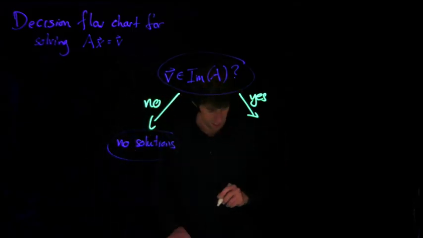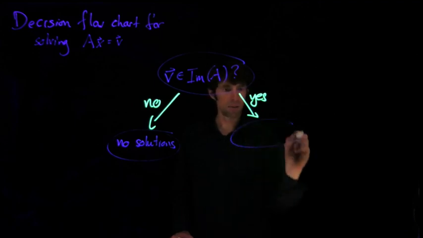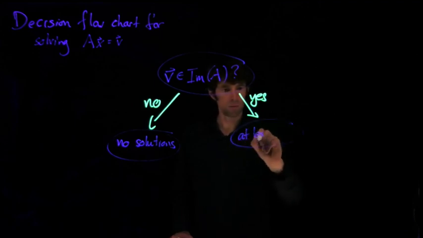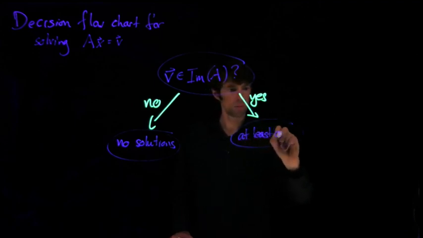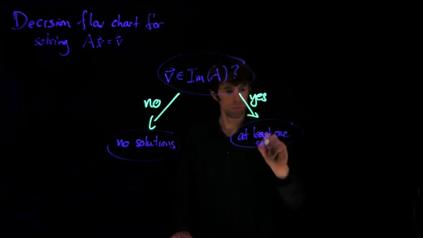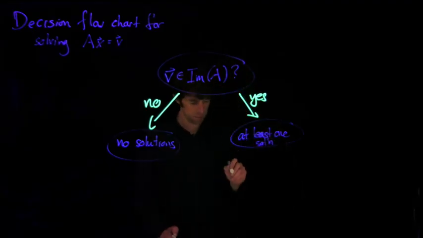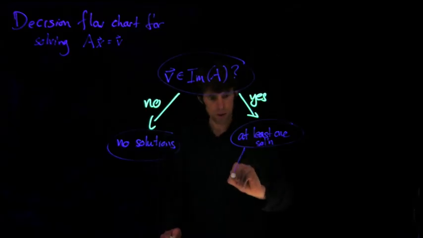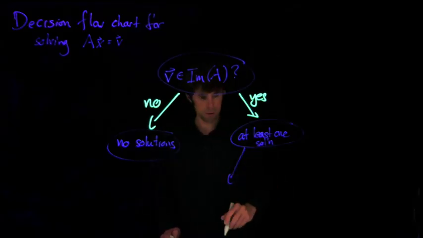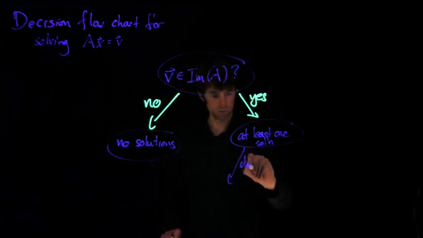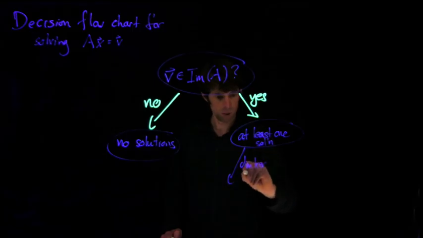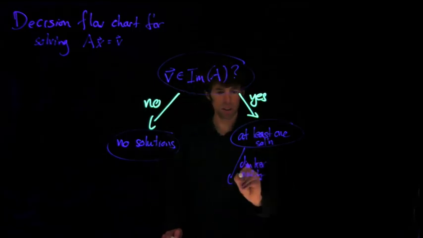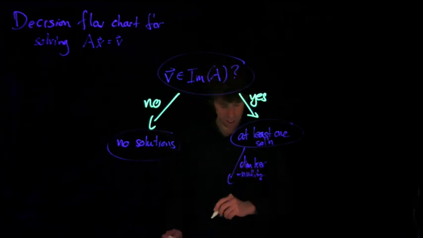If the answer is yes, then we have at least one solution. And we can do a little bit better and say, what is the dimension of the kernel? Remember, the dimension of the kernel is equal to the nullity.